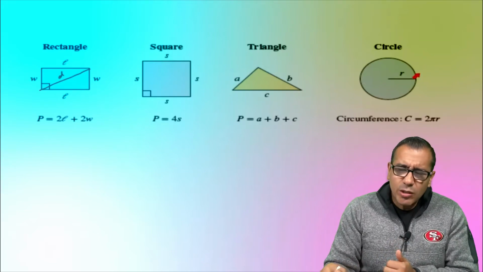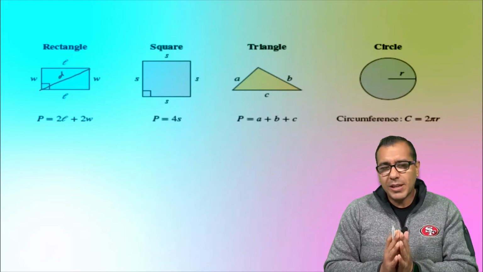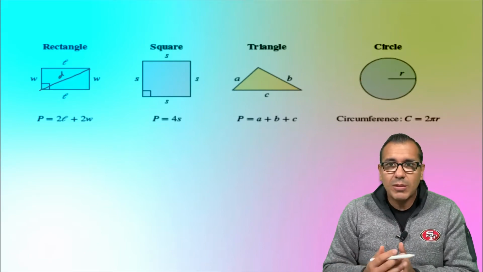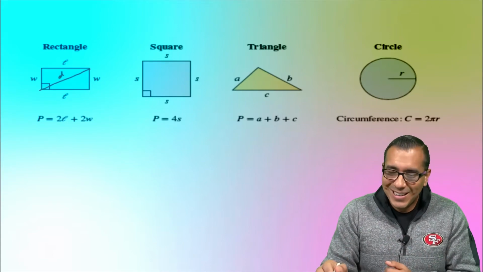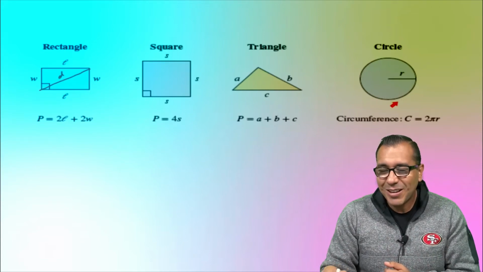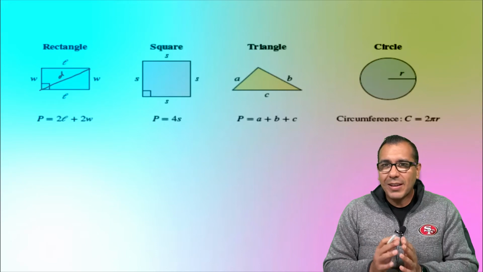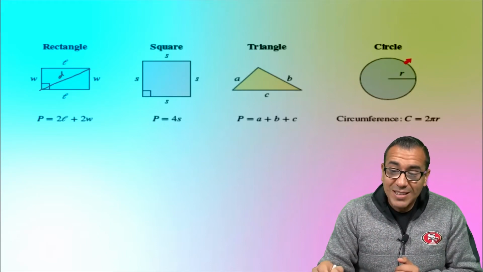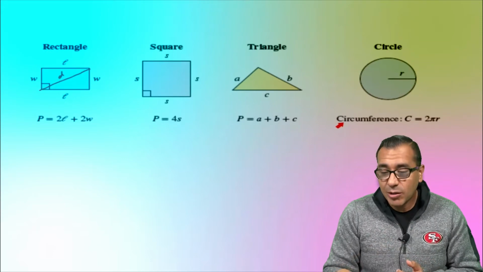And when we have a circle, this was kind of tricky because we don't have a bunch of sides. We have infinitely many sides. Later on, you'll get into that. But here, we really don't have sides. So to talk about the perimeter, that distance, we call it the circumference.